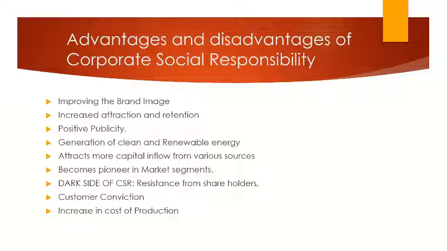Increase in cost of production also: if you are going for corporate social responsibility, you are spending a lot of money in the form of CSR activities. The more CSR, the more production and sales you will get. The less CSR, the less sales and less production.